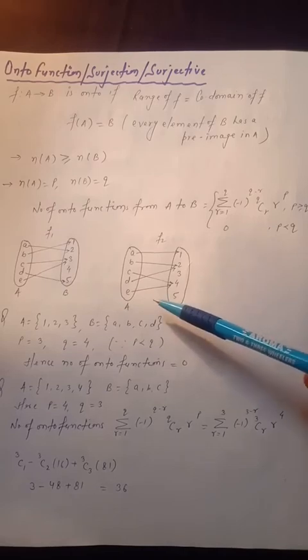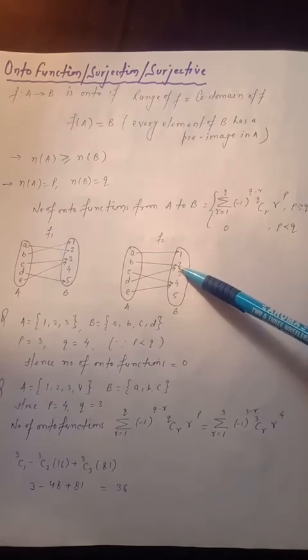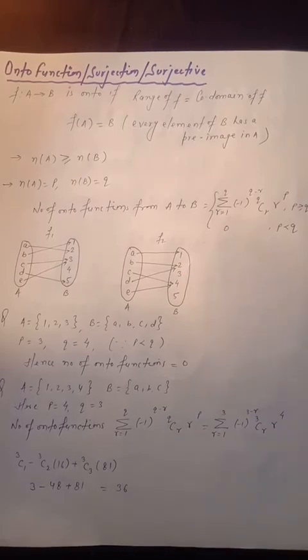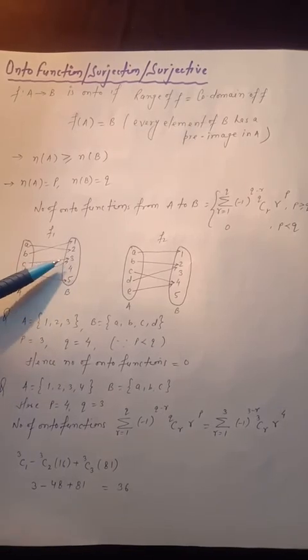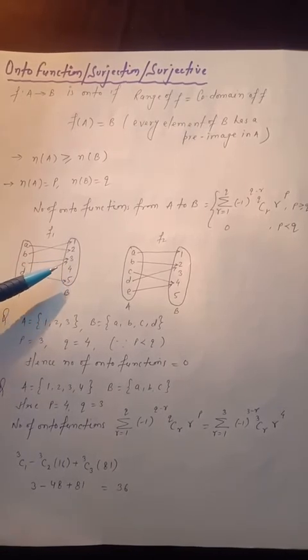At the same time, you can observe there are two arrows on element 2, so this function is a many-one function. And in this case also the image of C is 3 and the image of E is also 3, therefore this function is also a many-one function.